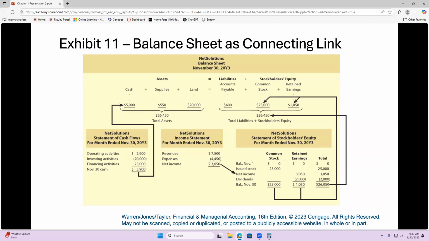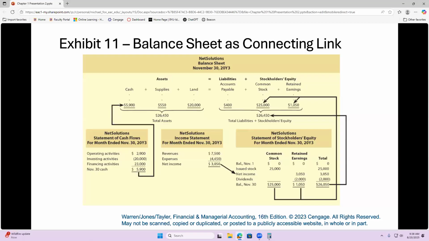So the totals or balances at the bottom of all those transactions is where all these numbers come from. So they had cash, supplies, land, accounts payable, stockholders' equity, and common stock and retained earnings. And then all of that information flowed down to these different statements that we're learning about right now, right?